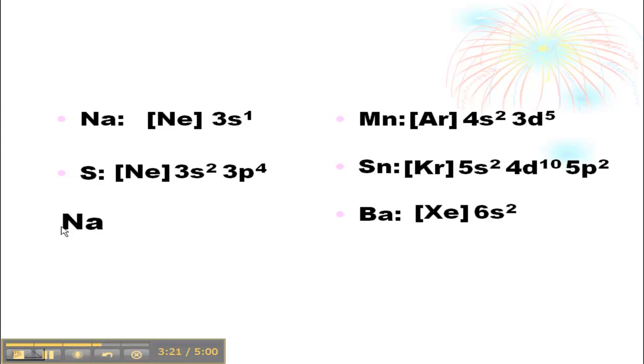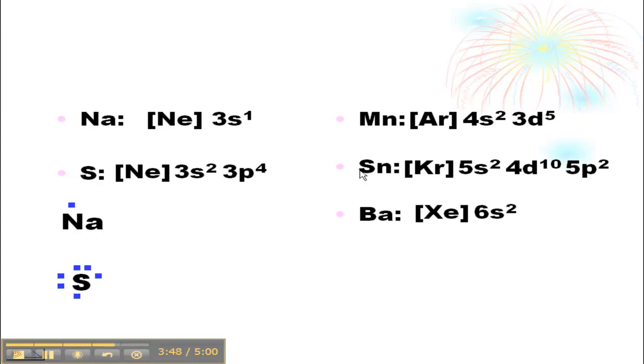So for sodium, the symbol is Na. We had 1 valence electron, so we put 1 dot on the symbol for sodium. For sulfur, remember we had 2 valence electrons in the S and then 4 in the P for a total of 6. So for sulfur, we say 1, 2 together for the S, then 3, 4, 5 because these are our P orbitals, and then the 6th one gets paired here.